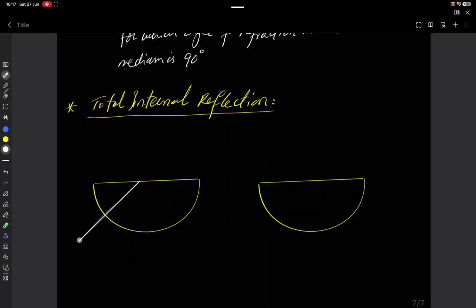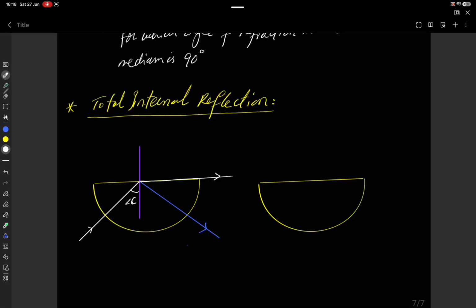This is my incident ray. This is the normal. This is the weak reflected ray, and this is the emergent ray. This is our critical angle C.